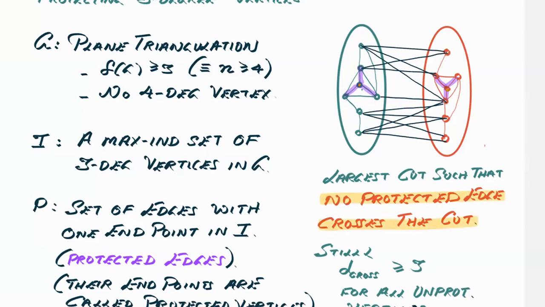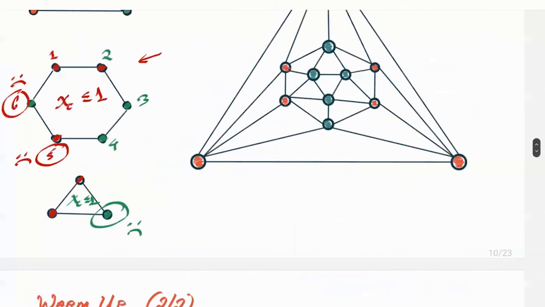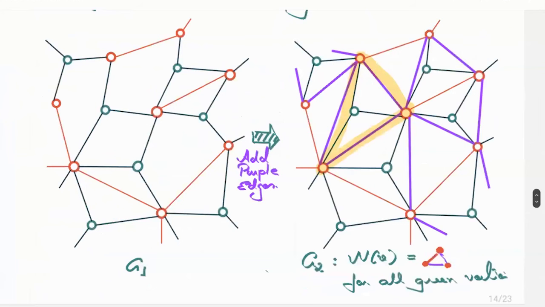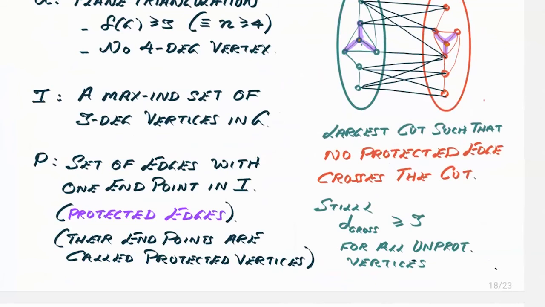So any of these edges that we highlighted, which are nothing but edges incident to 3 degree vertices, none of them cross the cut. There's a slight delay in my tablet refreshing.